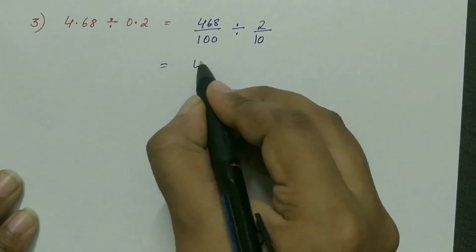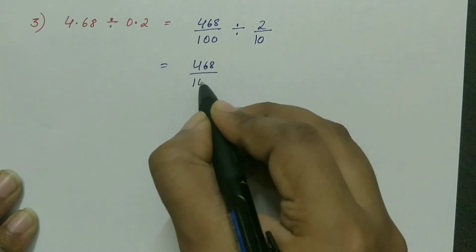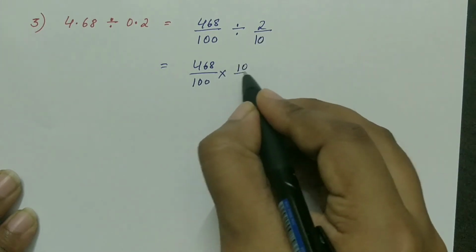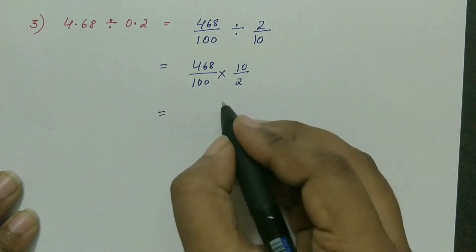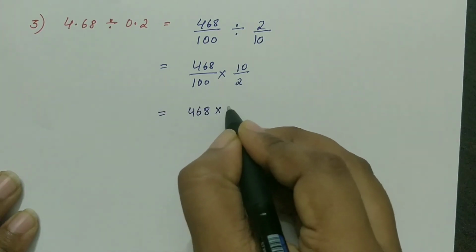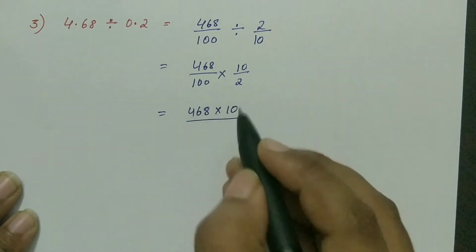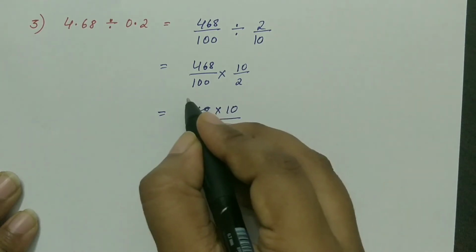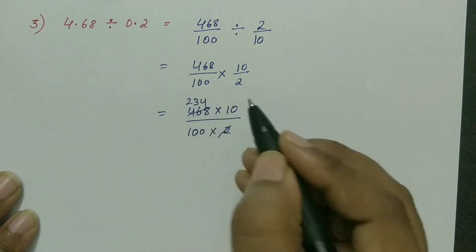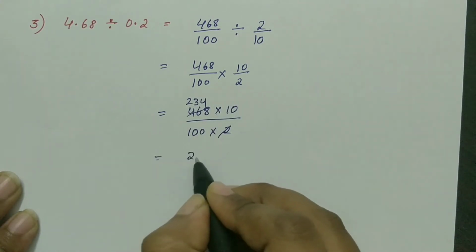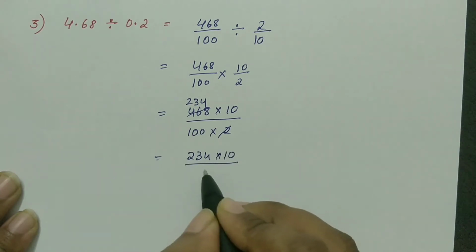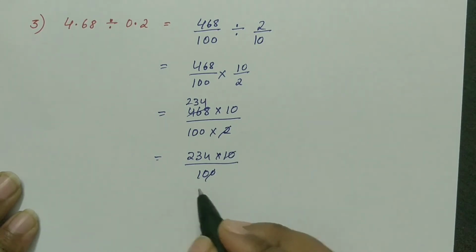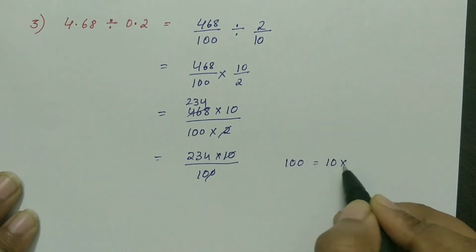It can be written as 468 divided by 100 into reciprocal of 2 by 10 is 10 by 2, equal to 468 into 10 divided by 100 into 2. 2, 2, 3, 4 equal to 234 into 10 divided by 100. 0, 0 cancel. 100 can be written as 10 into 10.